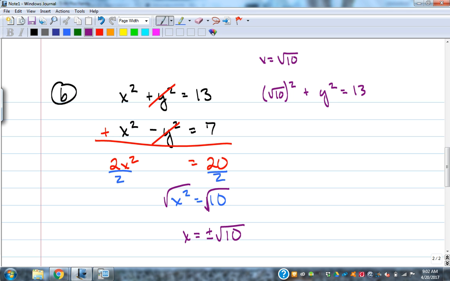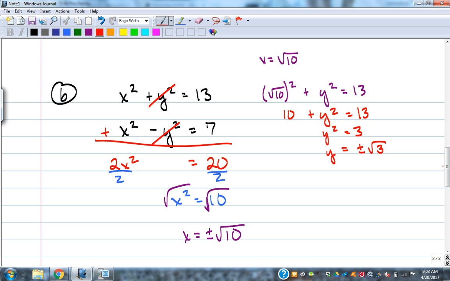What happens when you square the square root of 10? It gets rid of the square root, so that's 10 plus y squared equals 13. And what's that give you? y squared is equal to 3. So y is equal to plus or minus square root of 3. So for that one x value, we got two different y values.